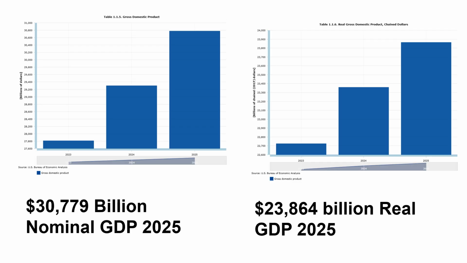So again, just a huge economy, right? $31 trillion nominal GDP, and this is loaded with the inflation nonetheless. It's a huge number. And the real GDP number is at $24 trillion in 2025.